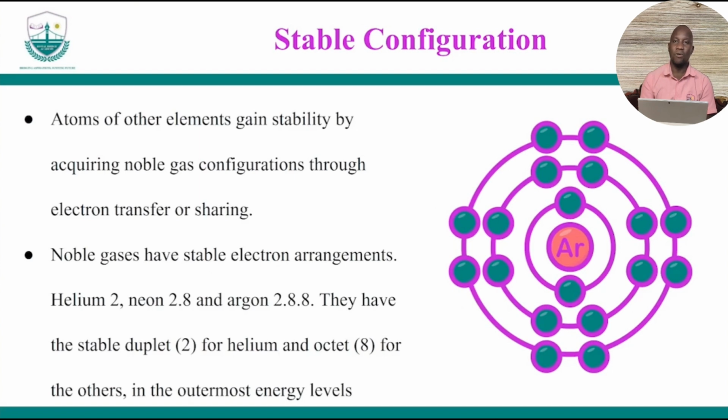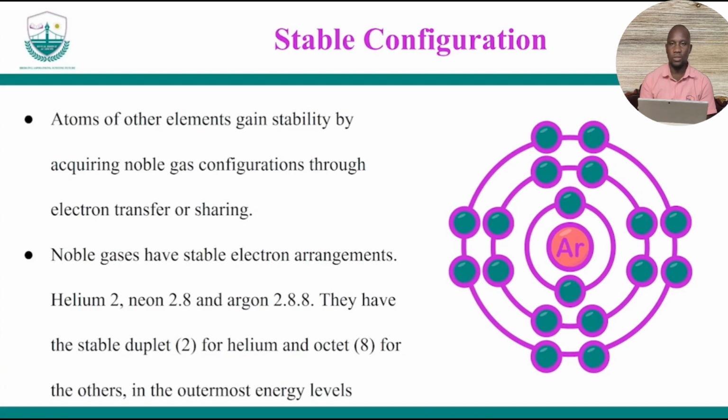That stable configuration is the noble gas configuration, where you should have 8 electrons in the outermost shell, or at least 2, like for helium. Helium and the other noble gases have what we call a stable noble gas configuration, and that is what all other atoms want to achieve.